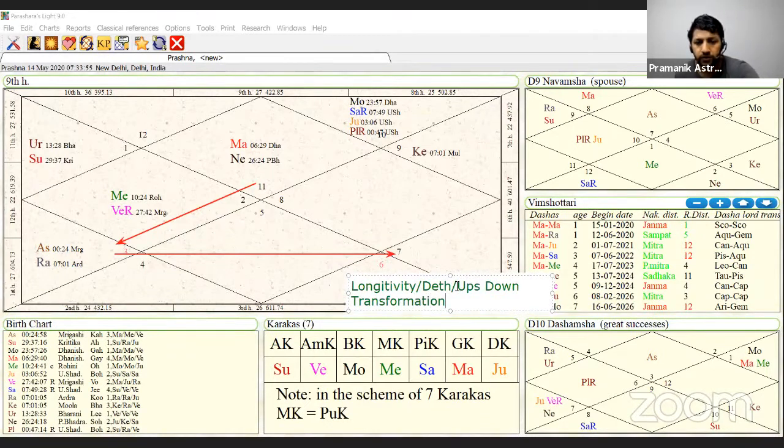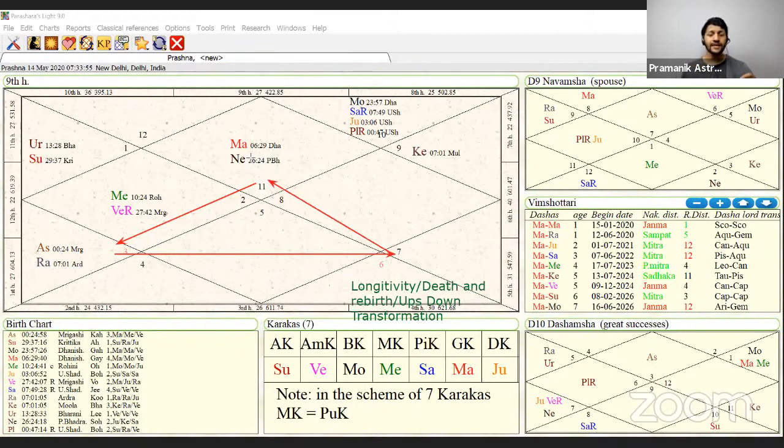This is not only death, but death and rebirth. After this, you have the ninth house of the horoscope. So with this dharma trine of 1, 5, and 9, you can change anything.